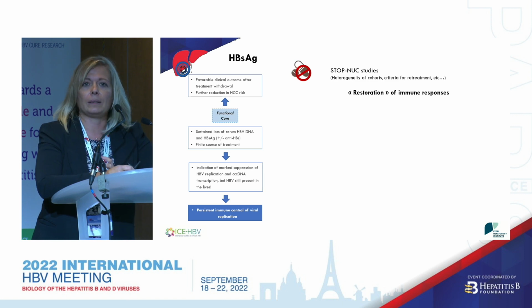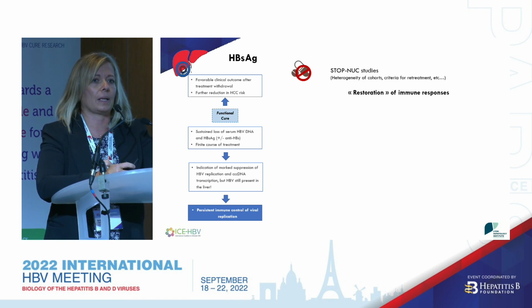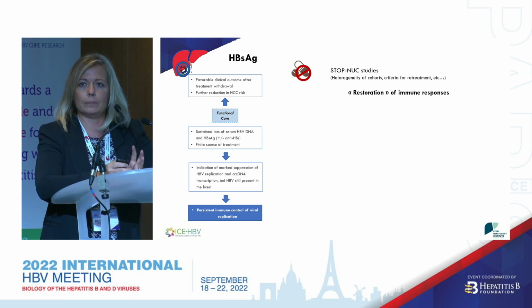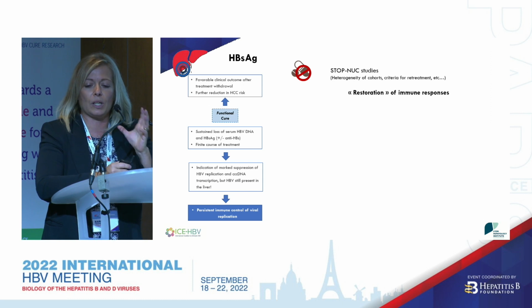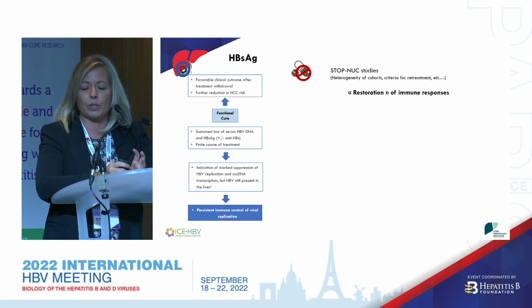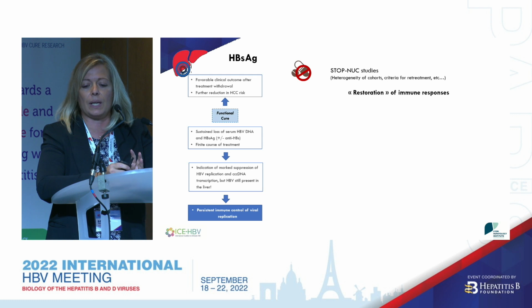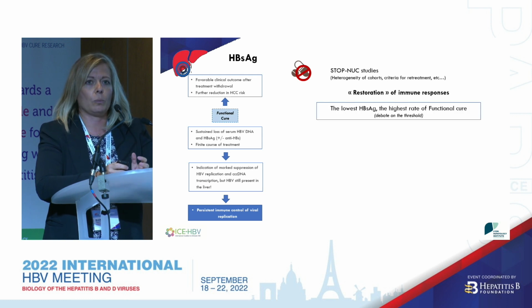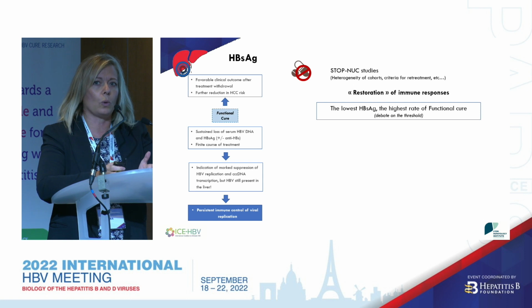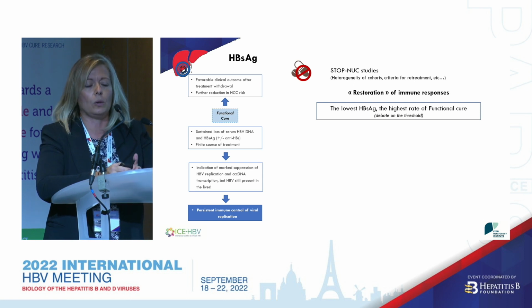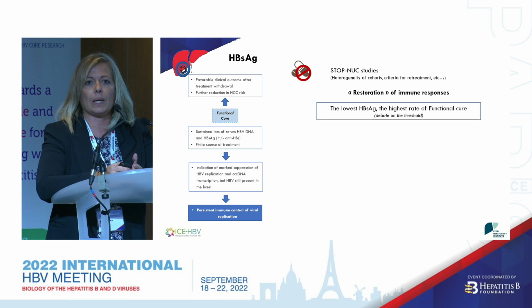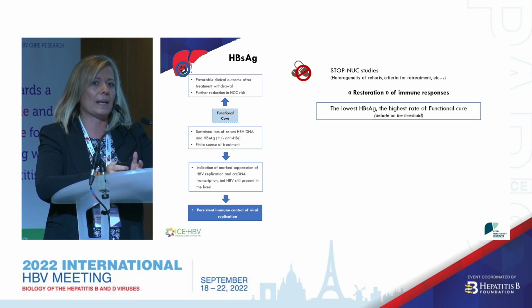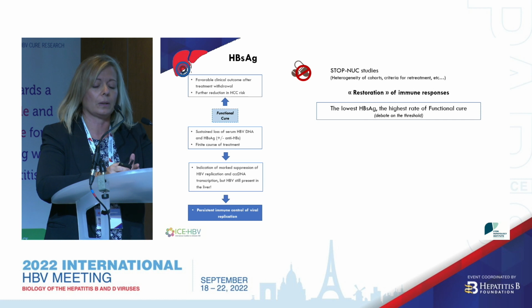If we take as an example the STOP-NUC studies, and we compare the patients who reached HBs loss or didn't reach it, and just not taking into consideration all the heterogeneity of cohorts, criteria for retreatment, and so on, it's clear as day that the restoration of immune responses, which is supposed to happen when patients lose the HBs, is associated with the lowest HBs levels possible at the moment of stopping the treatment.